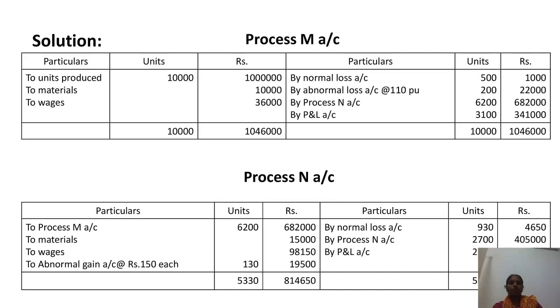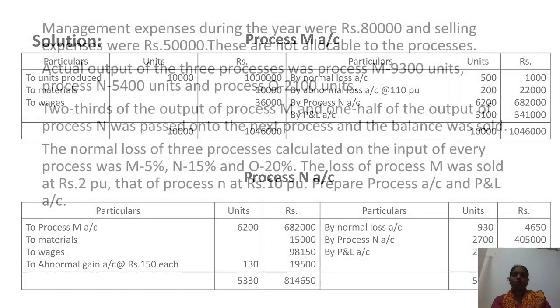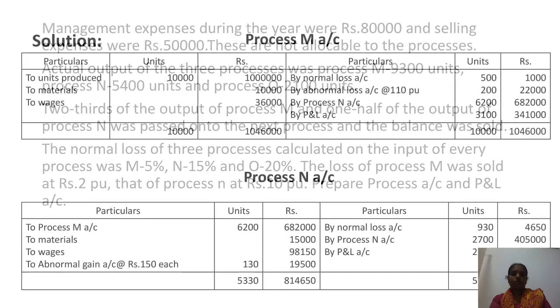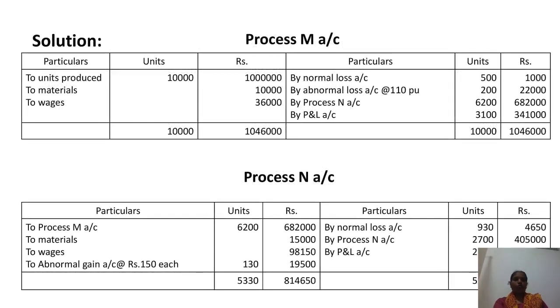Under that, half is sold out, and then the rest of the thing is transferred, so in that case we get half of that. One half of the output is transferred. How many units have been transferred now?